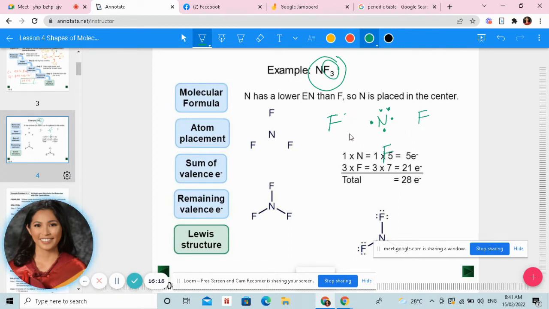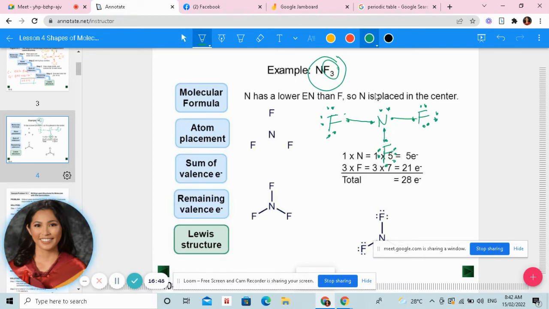What is the valence electrons for fluorine? Seven: 1, 2, 3, 4, 5, 6, and 7. So this will form a bond, and a bond.